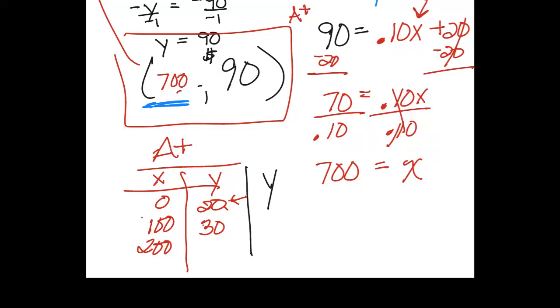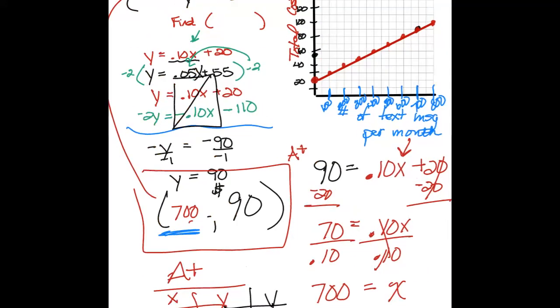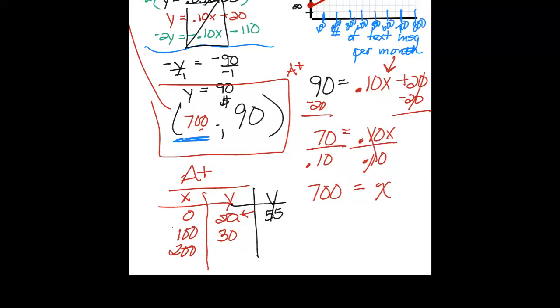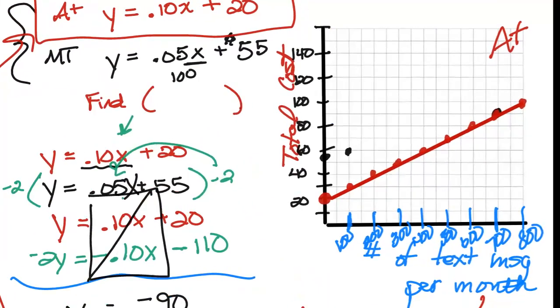So that was x is 0, this is 55. If x is 100, 100 times 5 cents is going to be $5. $5 plus 55 is 60. So that means for every 100, it is going up $5.